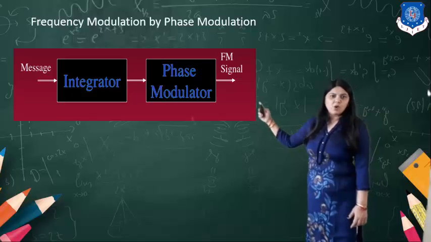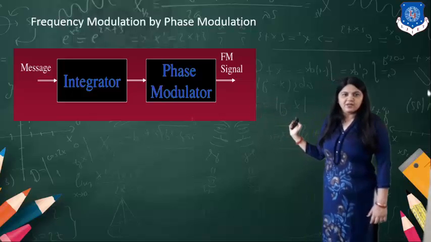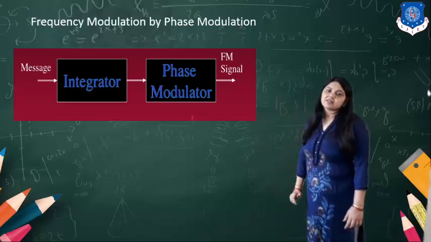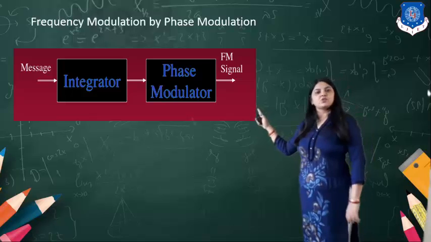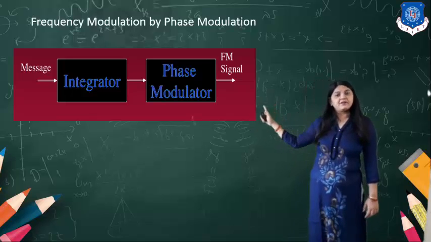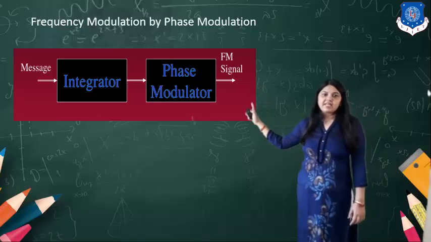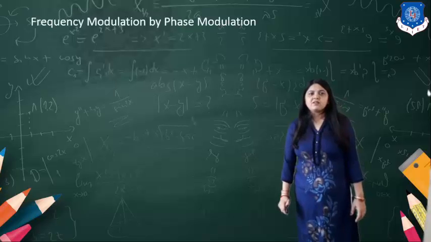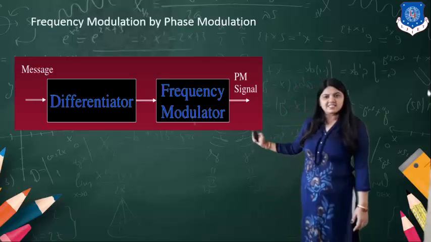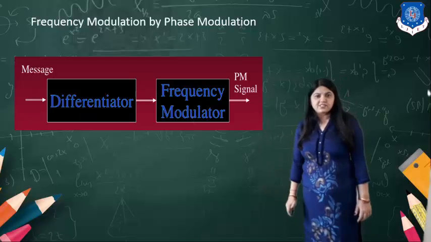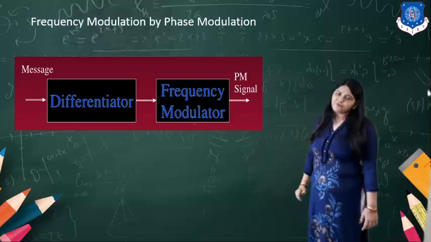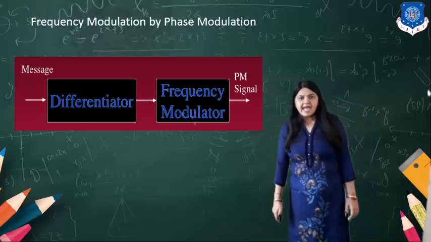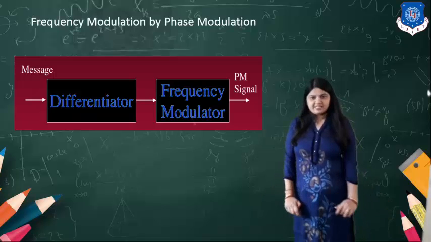So here is the recap of the last video. The message signal is applied to the integrator. The integrator output is given to the phase modulator, and the phase modulator output produces the FM signal. Similarly, if the message signal is applied to the differentiator and given to the frequency modulator, it produces the PM output, that is, the phase modulated signal.